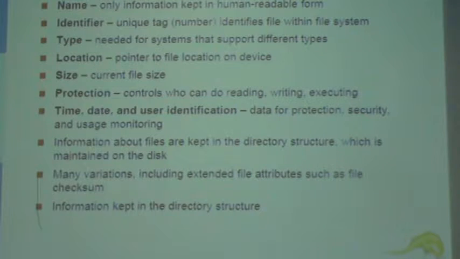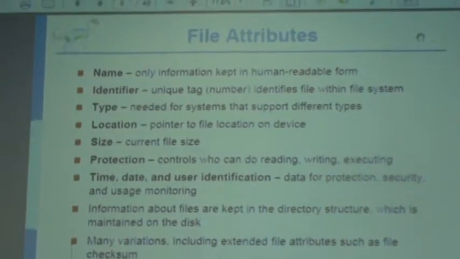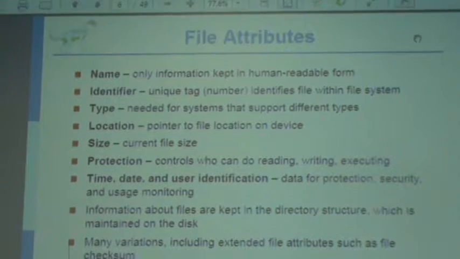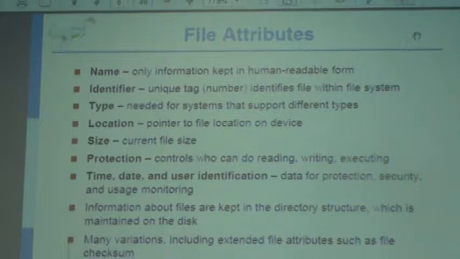So next is file attributes. We have a lot of attributes of files, like name, like people, we also have names, so it's the human-readable form. Also the file has an identifier. As we all know, in different directories we can create files with the same name.